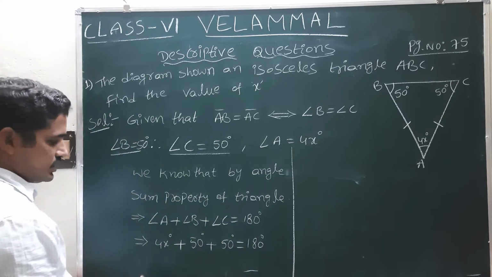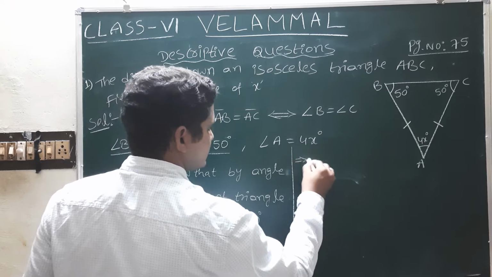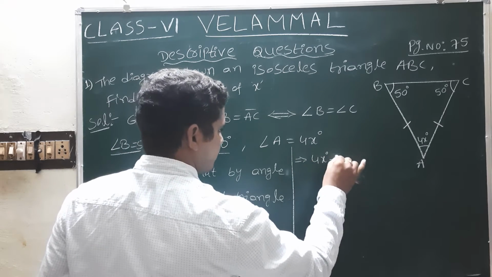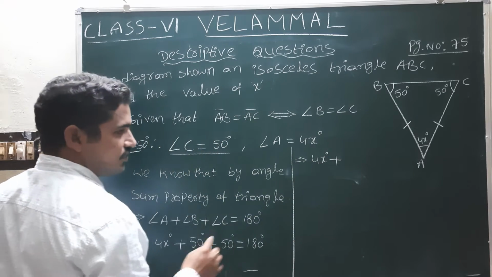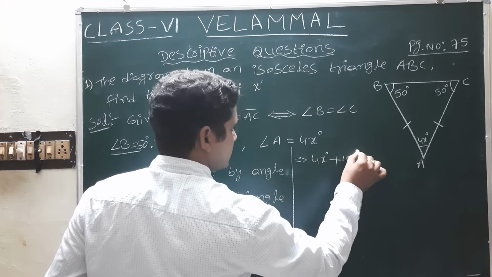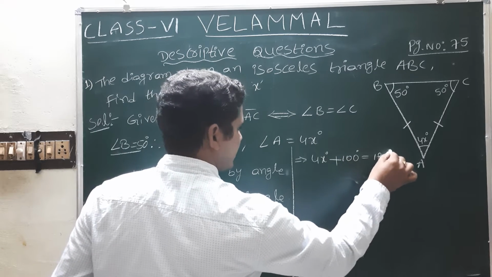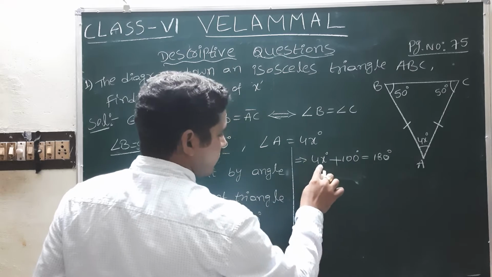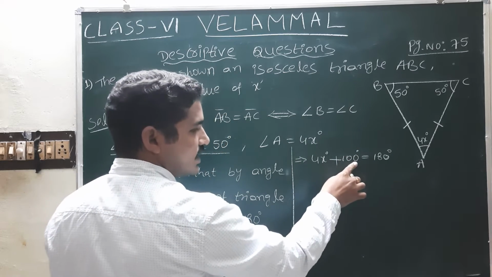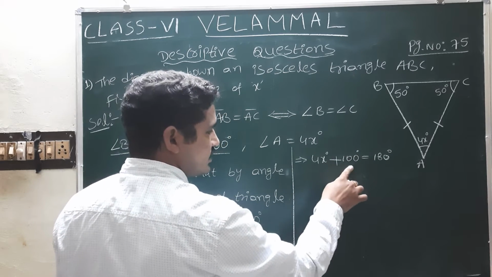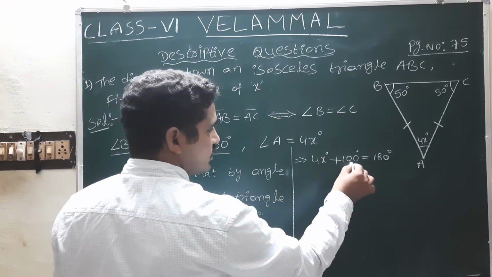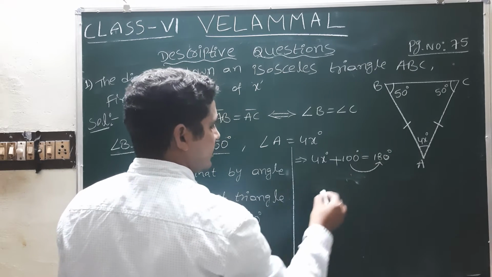Now simplifying, 4x degrees plus 50 plus 50, that is 100, is equal to 180 degrees. Here 4x is the variable term and 100 is the number, so we can't add them. To get the x value, first we need to send the 100 to the other side.